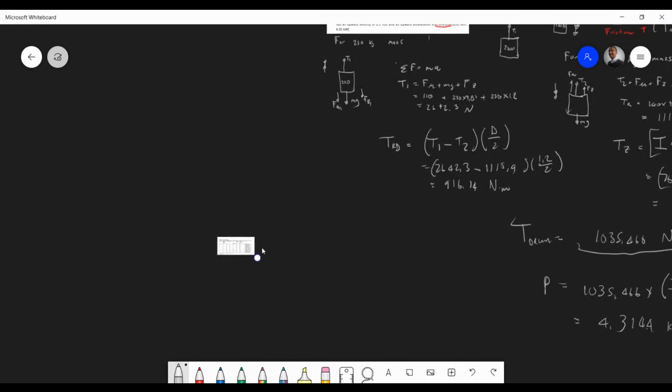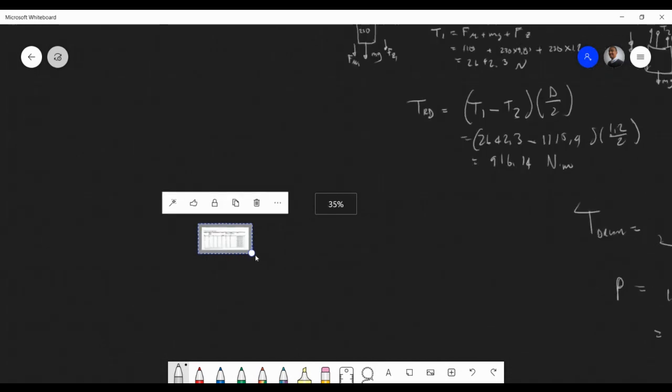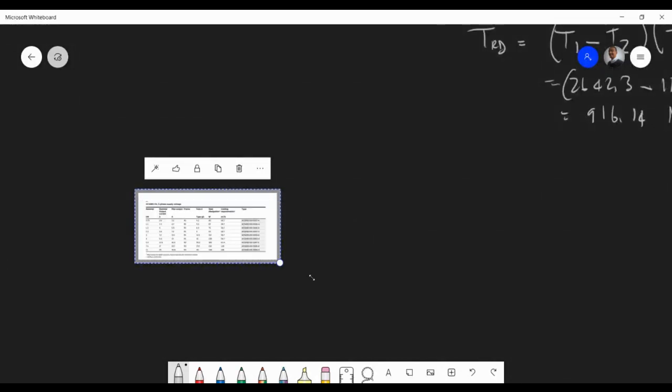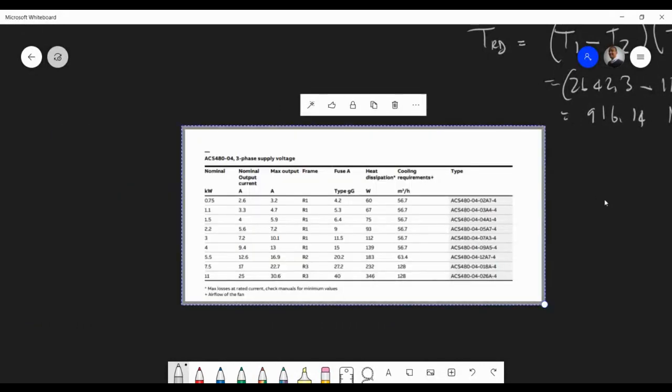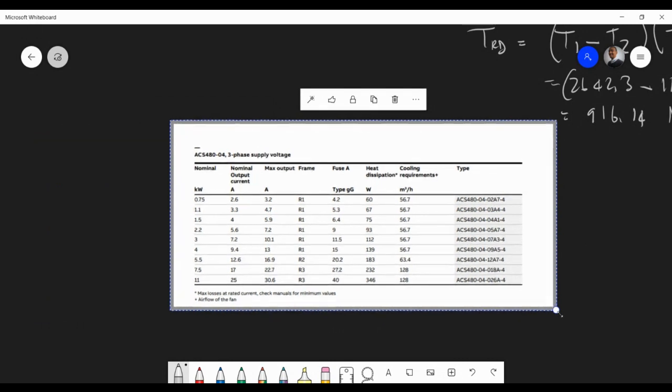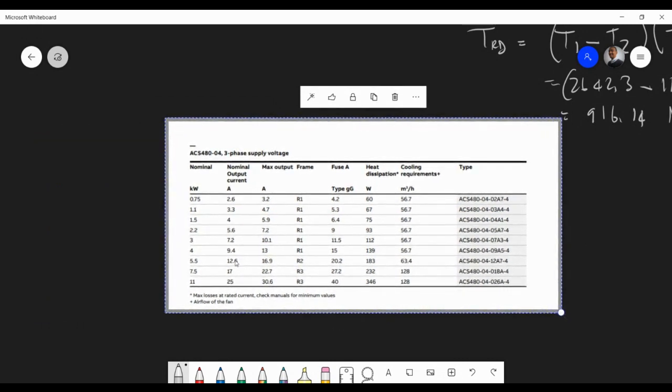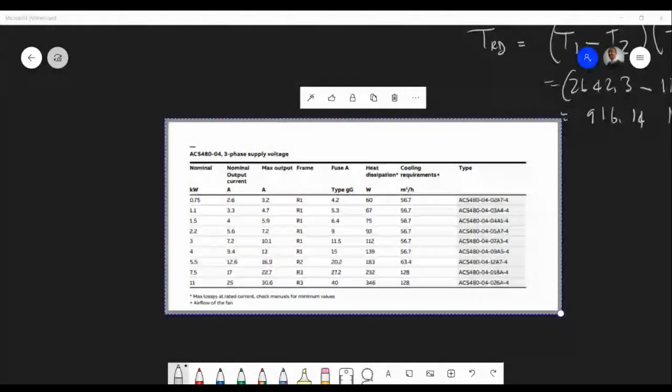I might ask, which motor will you select for this particular application, right? And of course, there's a catalog. This is all three-phase induction motors. So I'll give you these options, and which motor will you select?